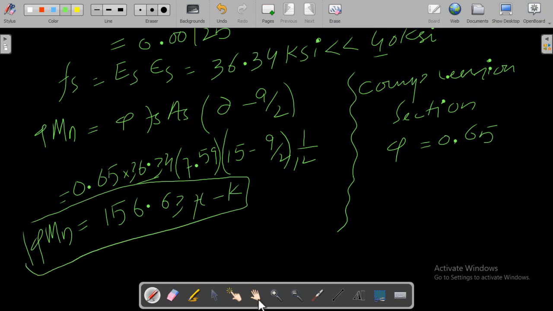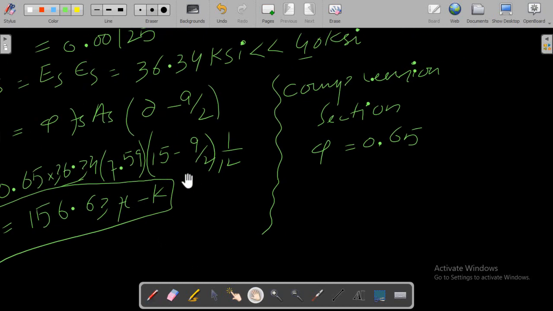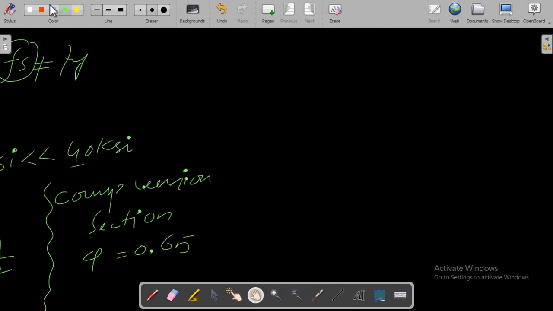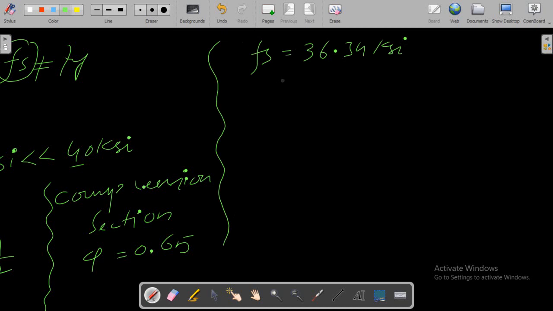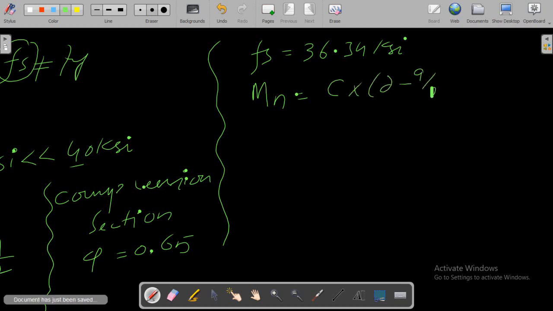Now let me share some important things here. You can see we calculated the value of fs, that is 36.34 ksi. If you don't want to calculate the value of fs, you can calculate the value of Mn by using the equation C times lever arm, that is d minus a over 2, right?